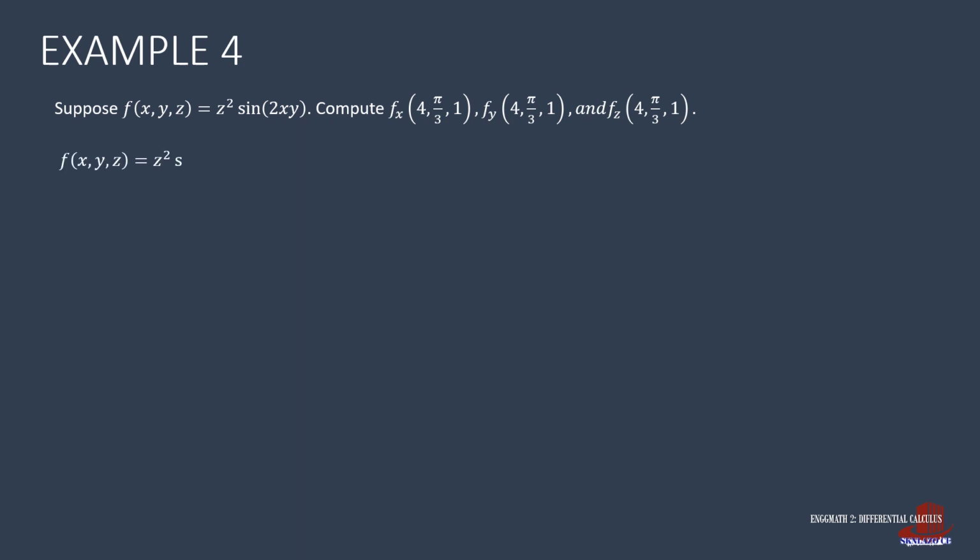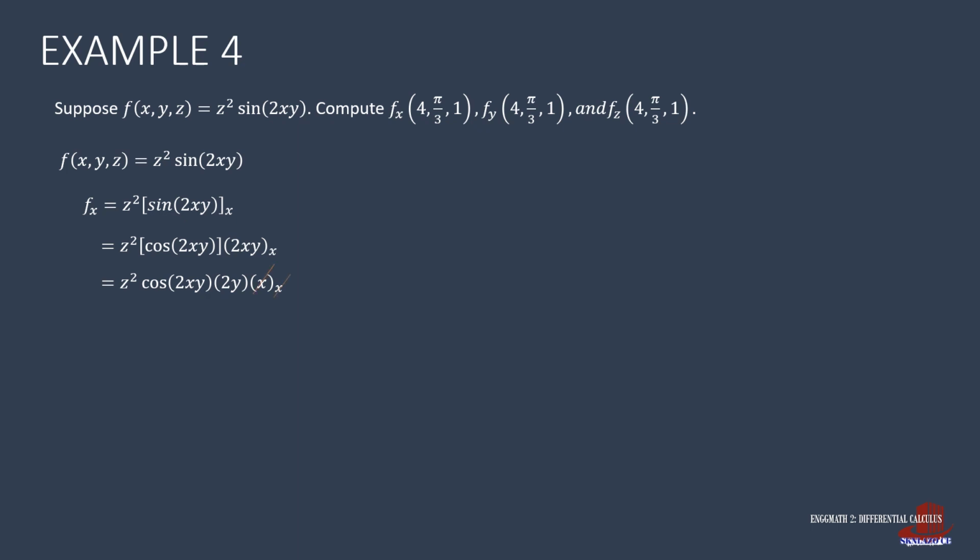Firstly, we work on f sub x, making the function z squared times the derivative of sine of 2xy. Differentiate it further to arrive at z squared times cosine of 2xy times the derivative of the unit 2xy, which is differentiated again into z squared times cosine of 2xy with 2y multiplied by the derivative of x.